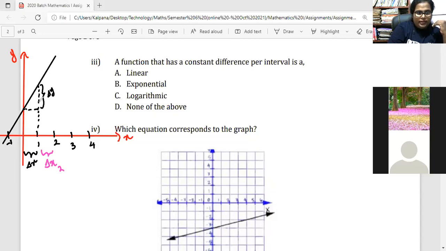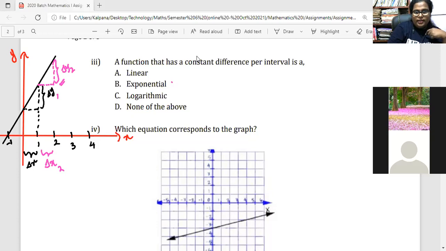So you can get this is the interval, and you can get this delta y2 difference for this one also. That means this delta y1 and the delta y2 are always the same. Wherever you look at this graph, the increase in y for one interval is the same. That is what it says here.